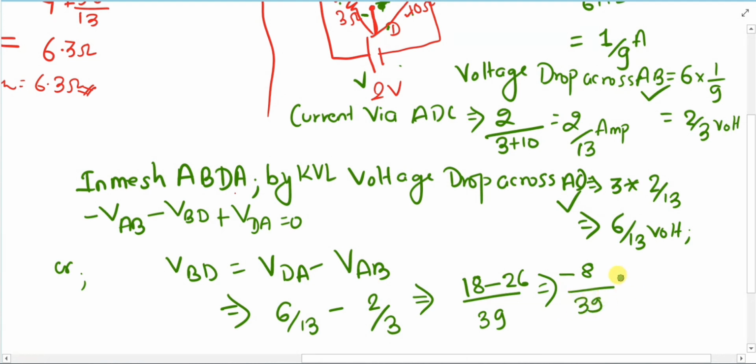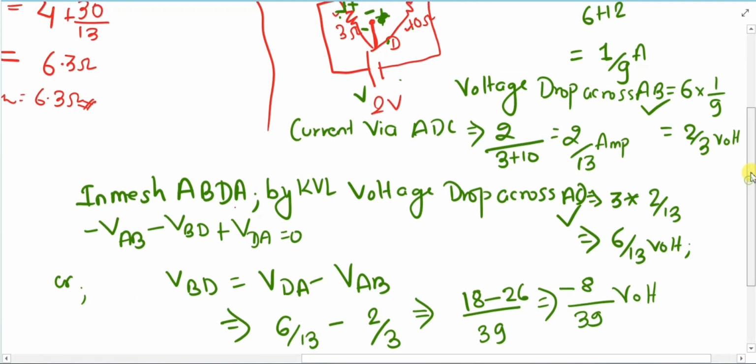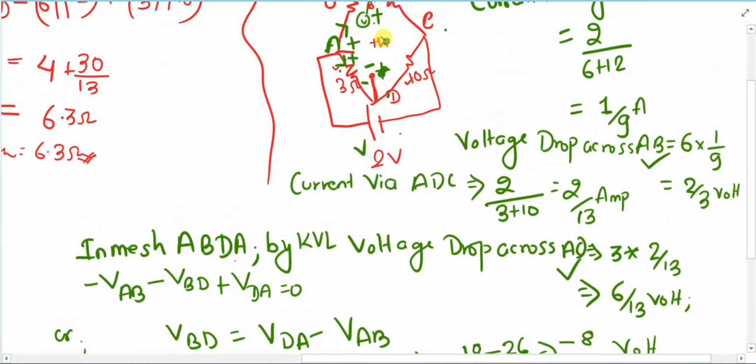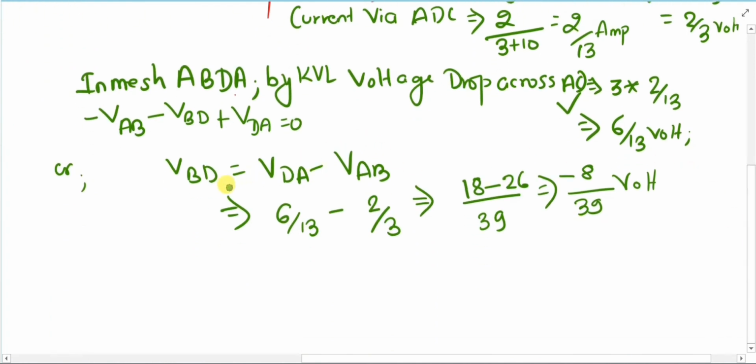After obtaining the value, we found that the value of B to D is in negative sense. We had assumed that B is at higher potential and D is at lower potential, but we found that V_BD is minus 8 upon 39. That means the exact answer is V_DB is 8 upon 39 volt. That's how you can change.